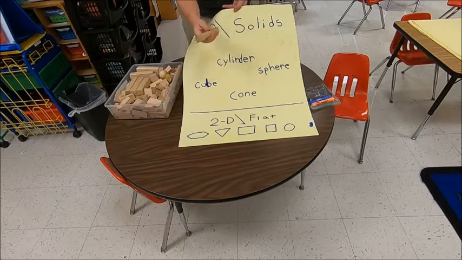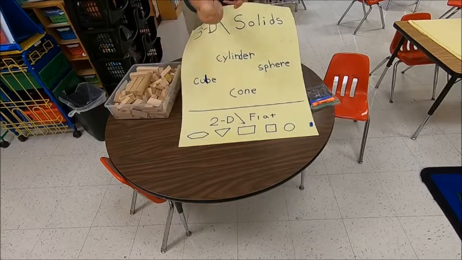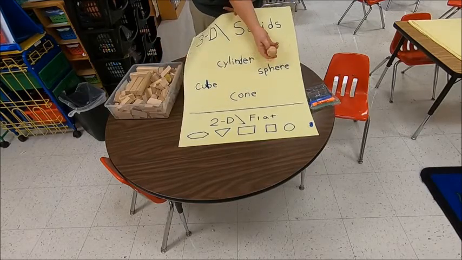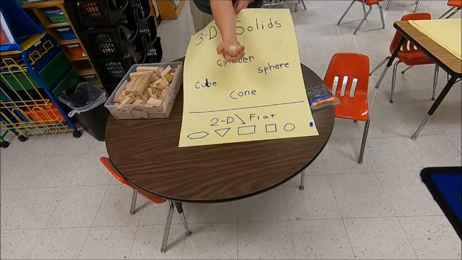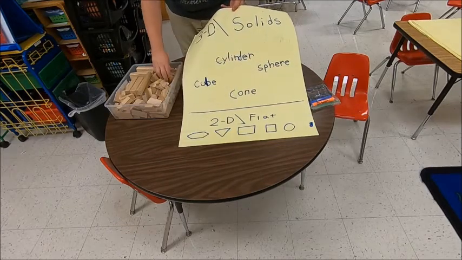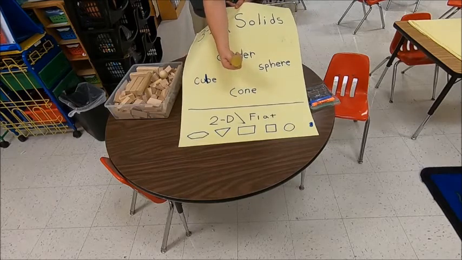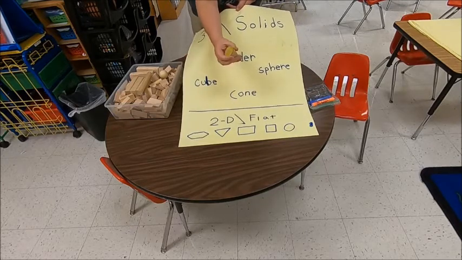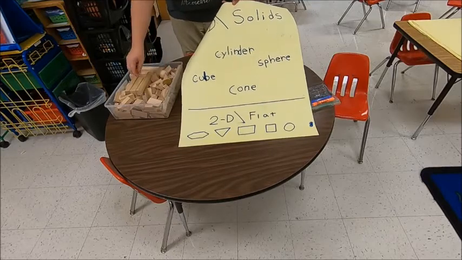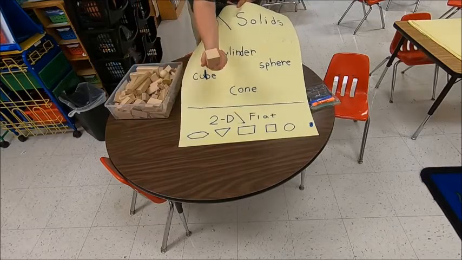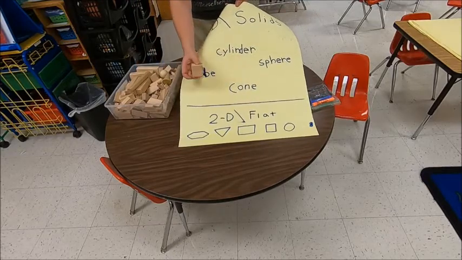You can pick it up. Our 3D sphere, again, a solid shape you can pick up. Our 3D cone, again, a solid shape that you can pick up. And our 3D cube.